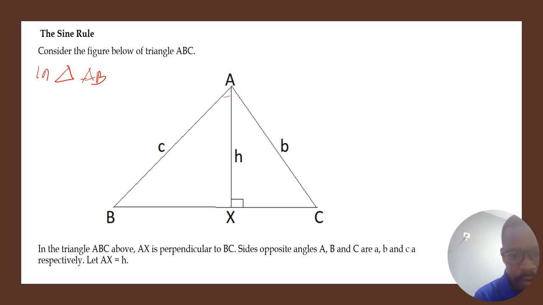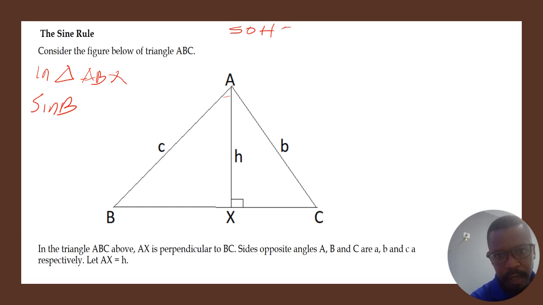So let's consider ABX. In this triangle, you can say that sine B, we are going to use SOHCAHTOA, that is a right angle triangle.